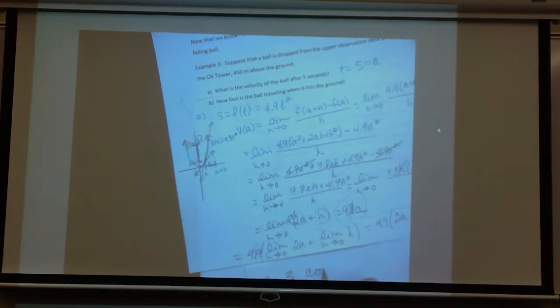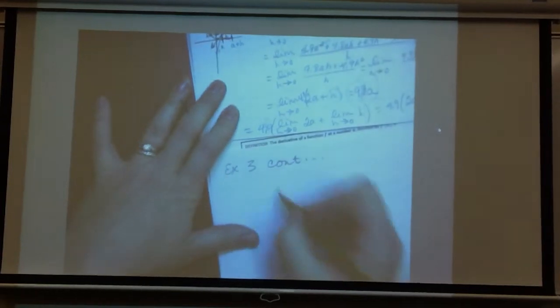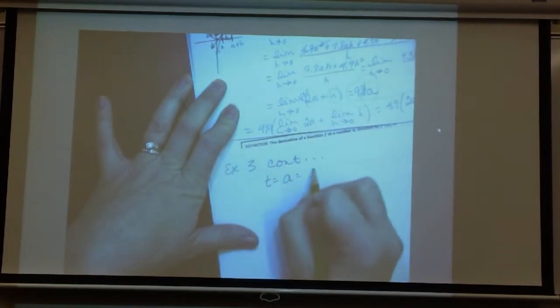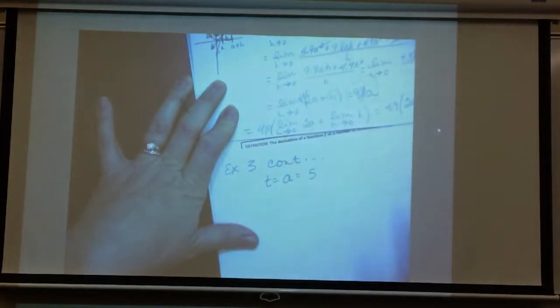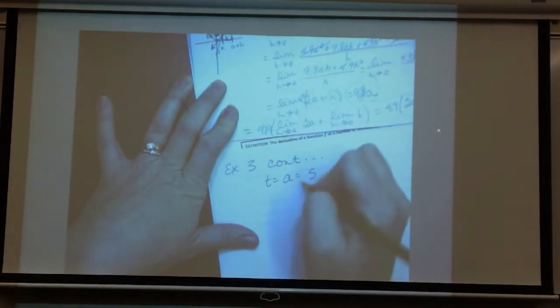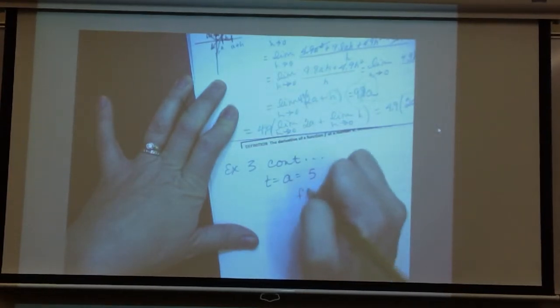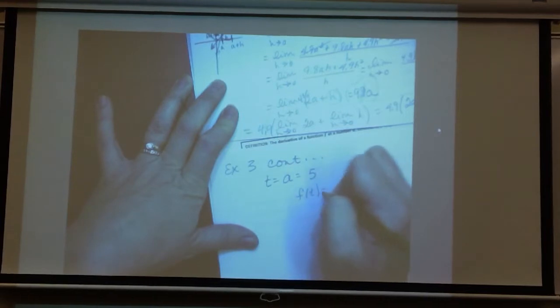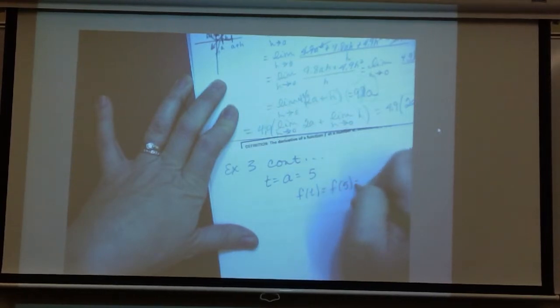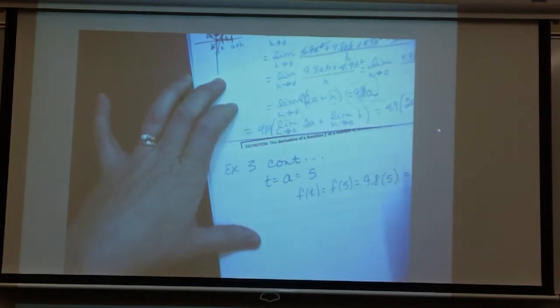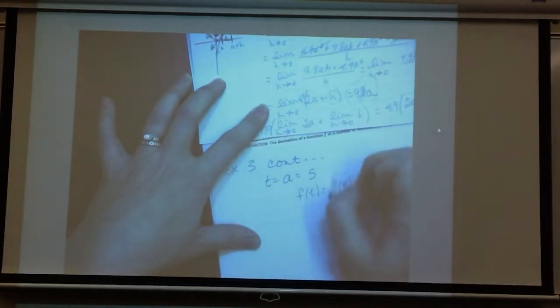Okay, so we want to know what t equals a equals 5. That's what they're asking for from the very original question. So f of 5 we want to know. It's actually not f anymore, it's velocity.